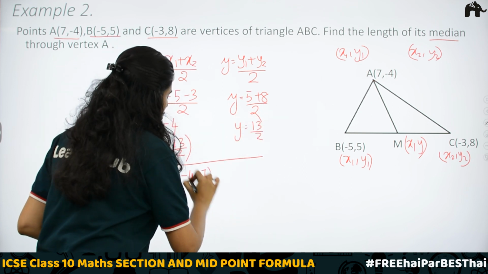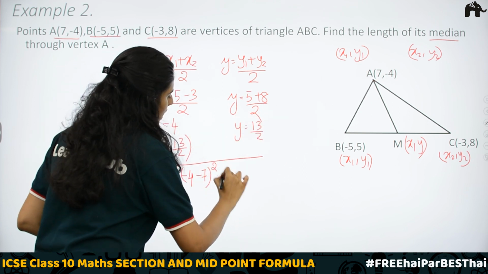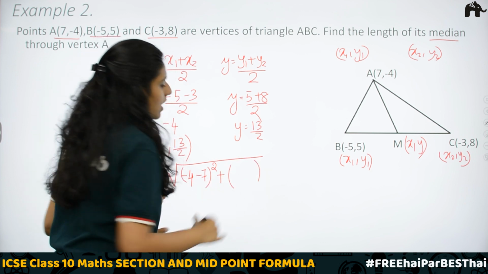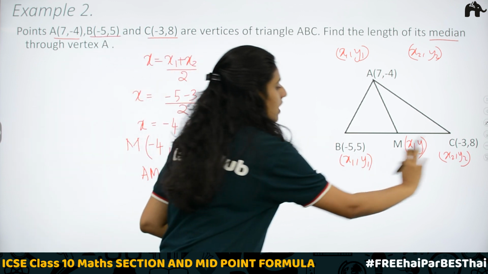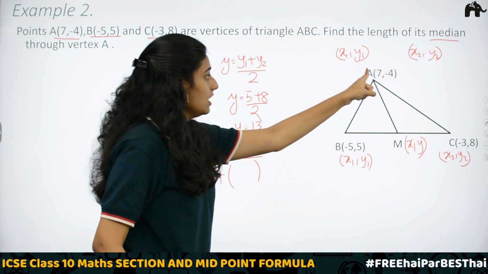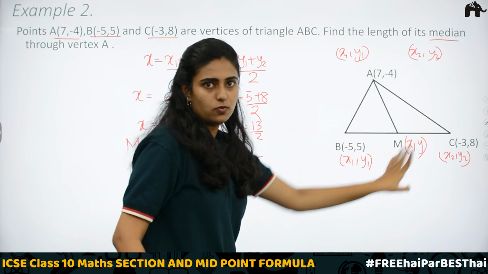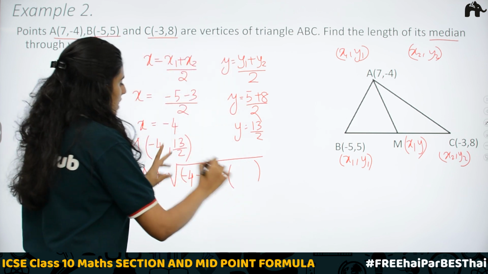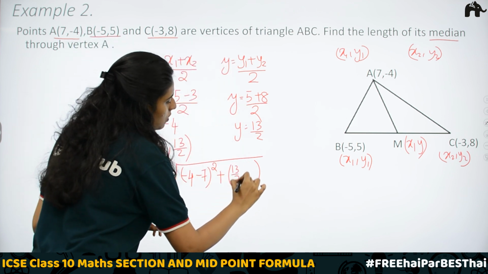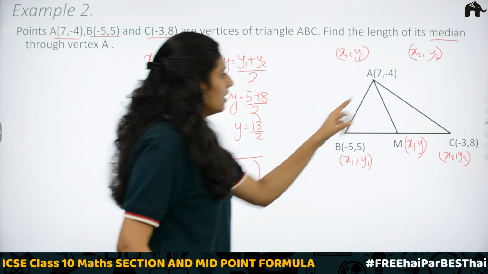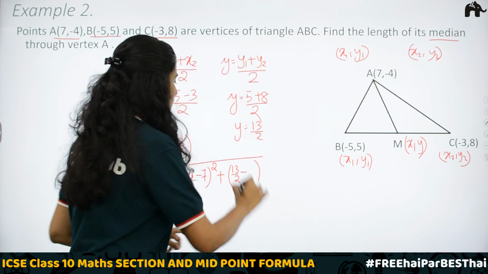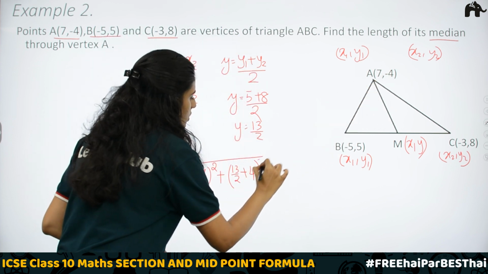Minus 7, x2 minus x1 whole square plus y2 minus y1 whole square. We are taking here this coordinates as x1, y1 just for reference and this as x2, y2. Y coordinates here 13 by 2 minus, here the y coordinate is minus 4. Minus of minus 4 plus 4 whole square.